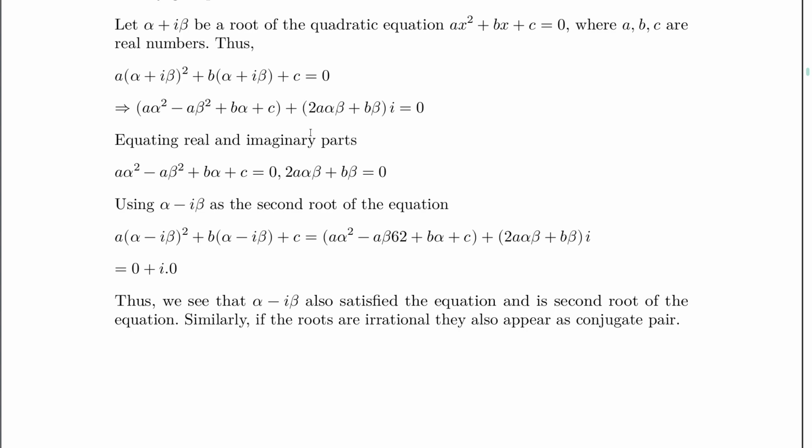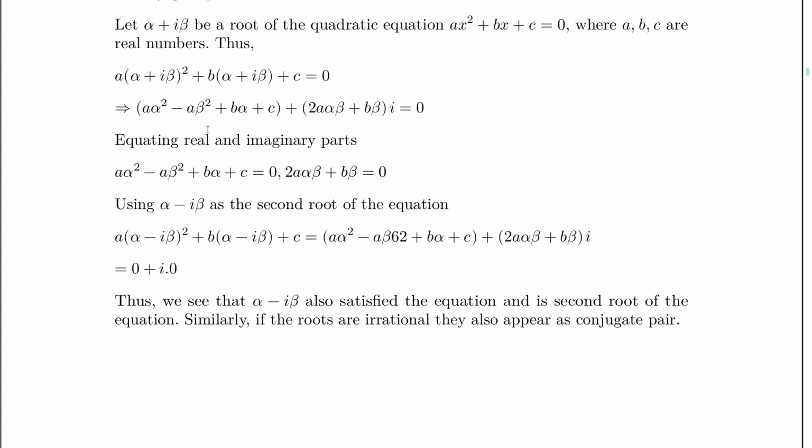Now we substitute alpha minus i beta as the root of the equation. We get a alpha square minus a beta square, this should be to the power 2, plus b alpha plus c, plus 2 alpha beta plus b beta is equal to 0. Now from this value, we see that this will be 0, and therefore this will also be 0.